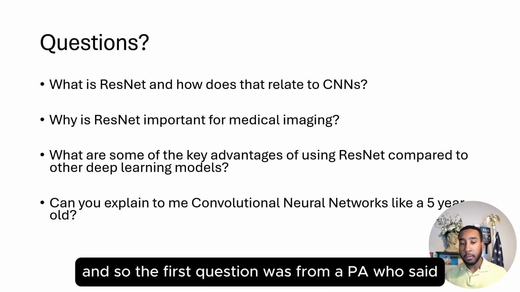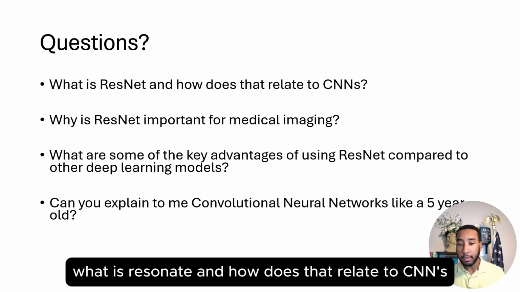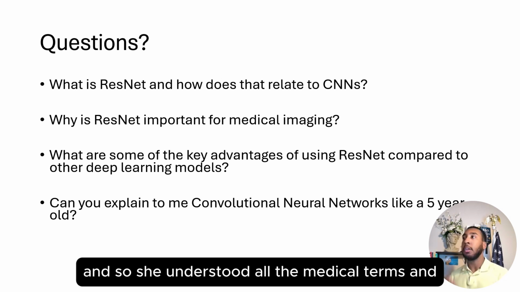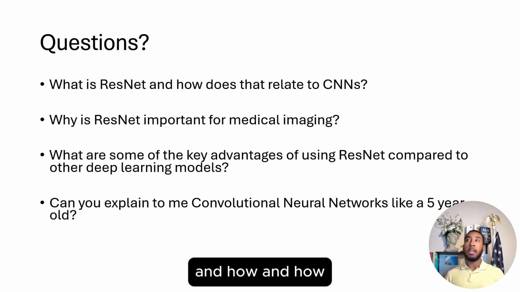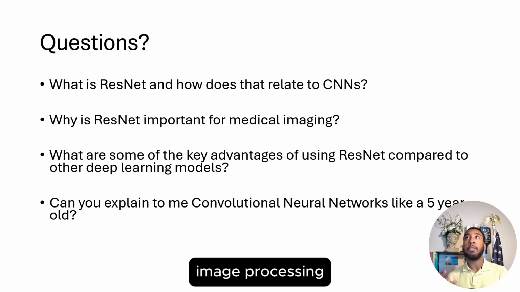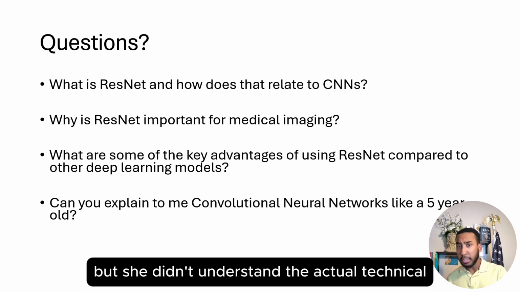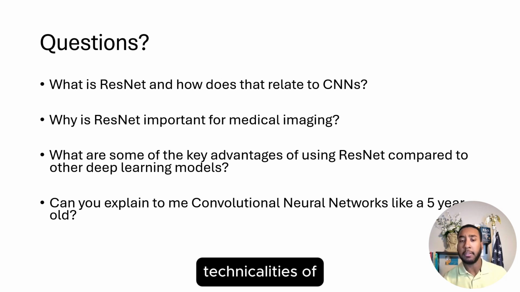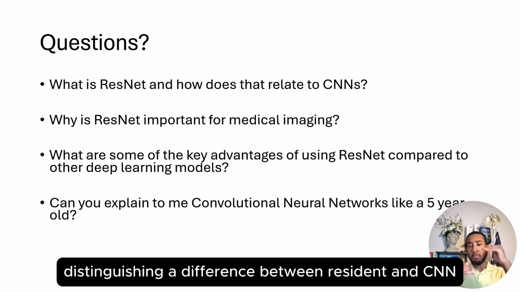The first question was from a PA who said, what is ResNet and how does that relate to CNNs? She understood all the medical terms and how data science plays a big role in data and image processing, but she didn't understand the technicalities of distinguishing the difference between ResNet and CNN.